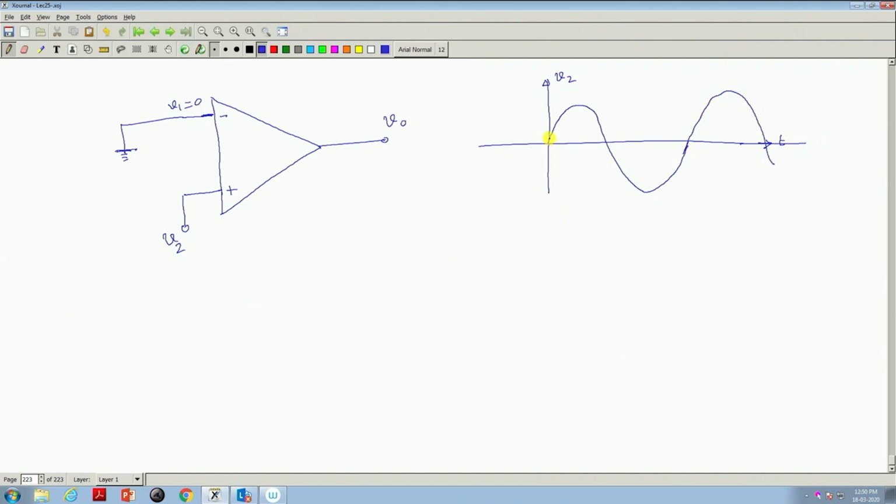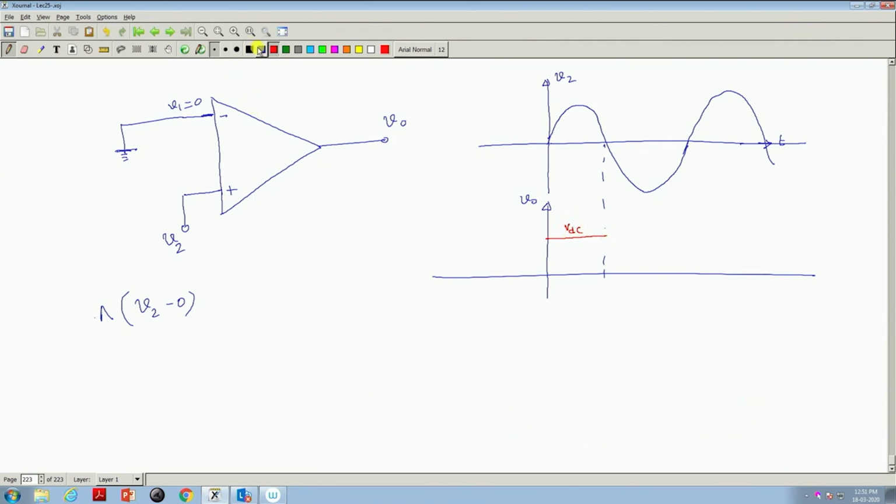Then what would I expect at the output? The question is this. Suppose it is an ideal op-amp, a slight increase, V2 minus 0 volt, into the gain, but that zone is very little. So, V2 greater than 0 means it will immediately go high, to plus VDC.